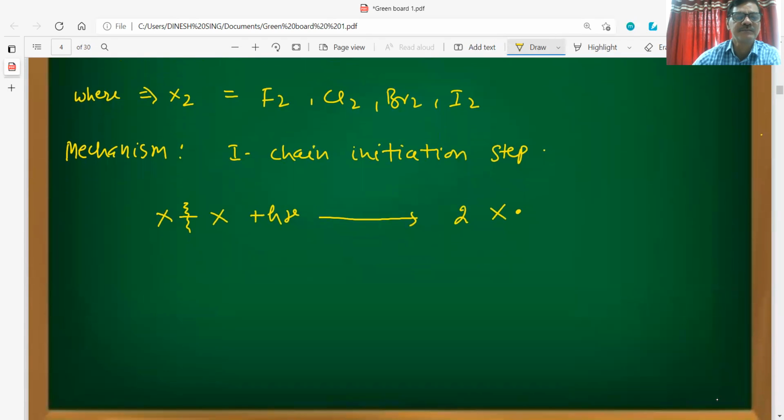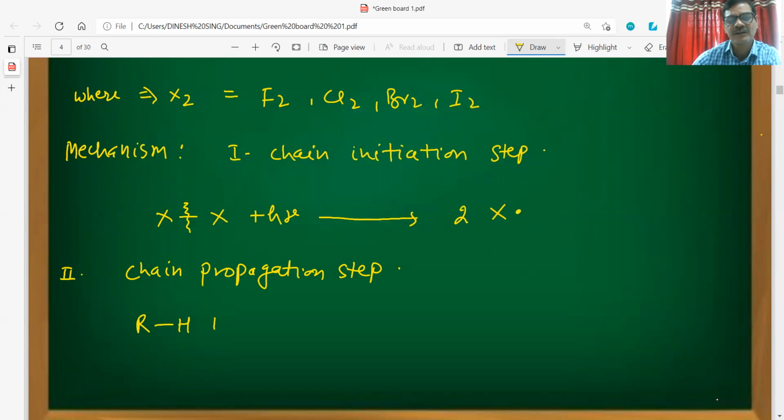Second step is the chain propagation step. That is RH plus X dot.